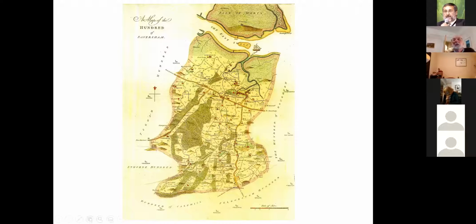The reason I'm including this one is because this is showing the Hundred of Faversham, not the town. You can see it includes the Isle of Harty up here. So the Hundred of Faversham was a much bigger entity than we would expect if we think in terms of Faversham, which is actually quite a small part. Here's Faversham here.